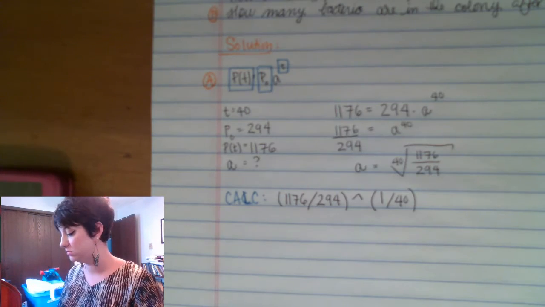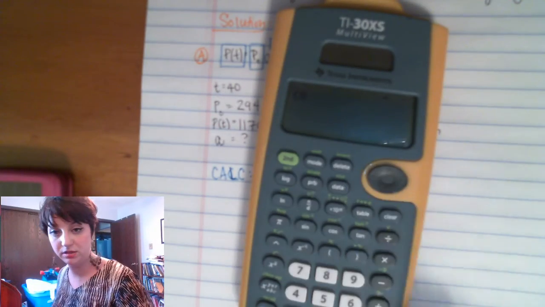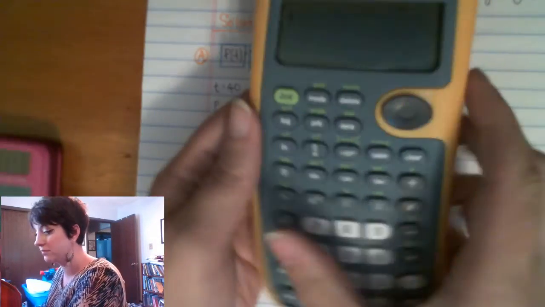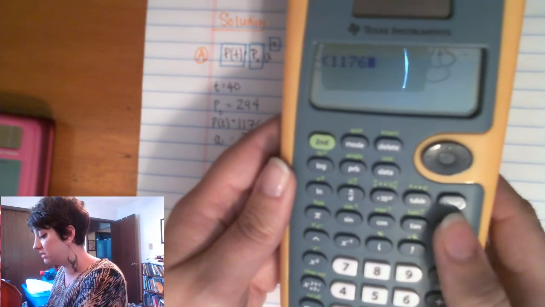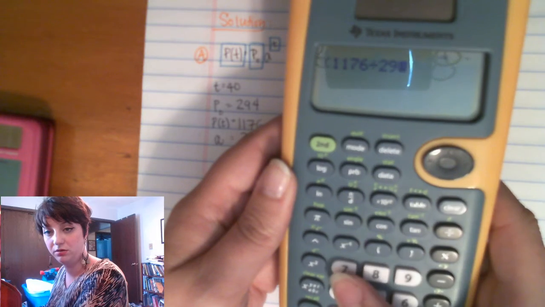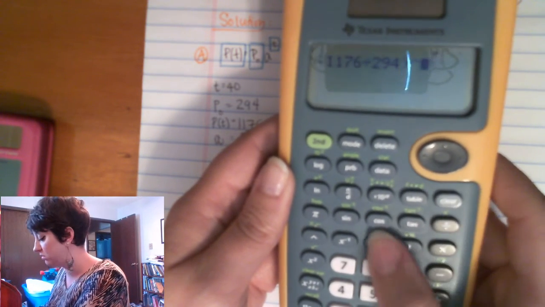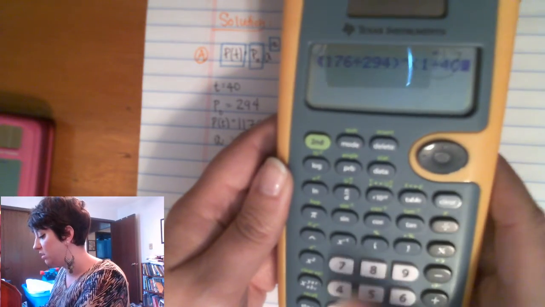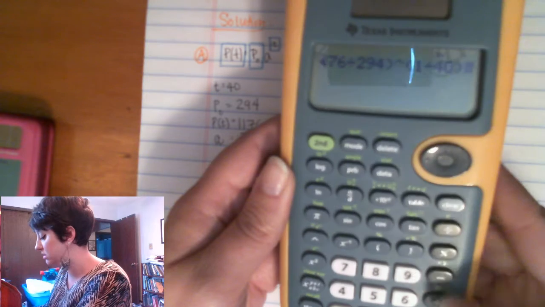Right? So here it is on the yellow calculator. Parenthesis 1176 divided by 294 to the power 1 divided by 40. You need to include the 1 divided by 40 in the parenthesis.